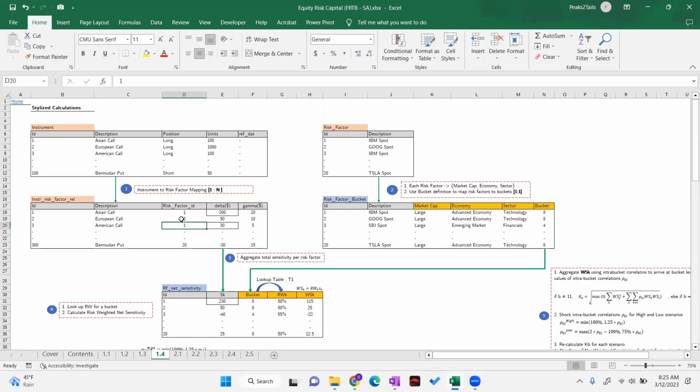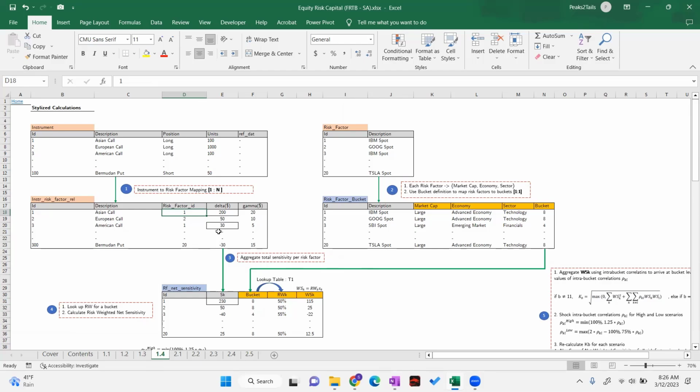That will give you the net sensitivity against risk factor 1, which is coming from different instruments. I built this page just so that you get clarity on all the moving parts. This was a toy example, but it will give you a lot more clarity on what actually is going on.